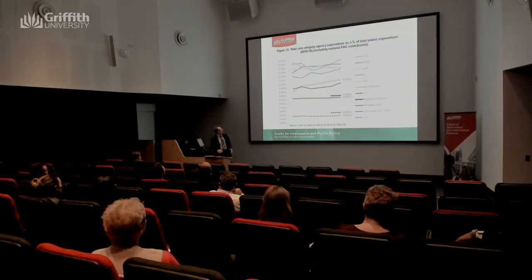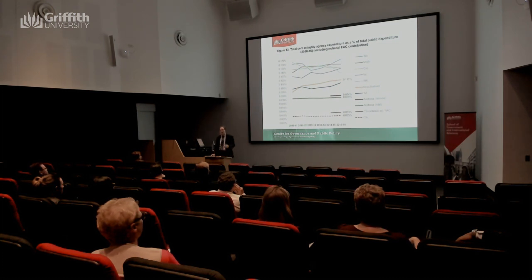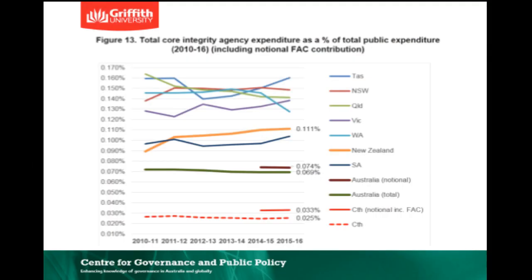So just to give you a little bit of a snapshot of some of what we've found in the course of the assessment so far, one of those weaknesses was the low and uncertain level of resourcing of the existing integrity framework at a federal government level.